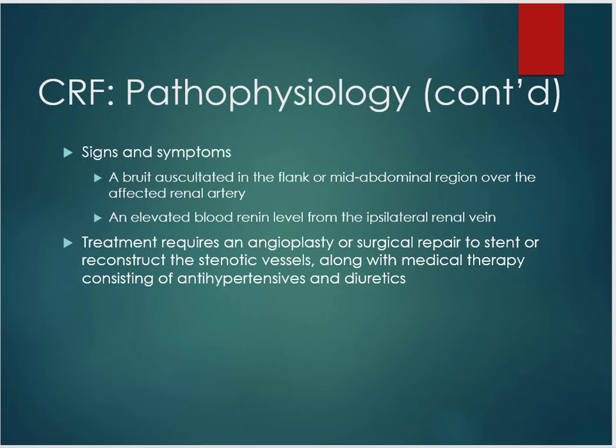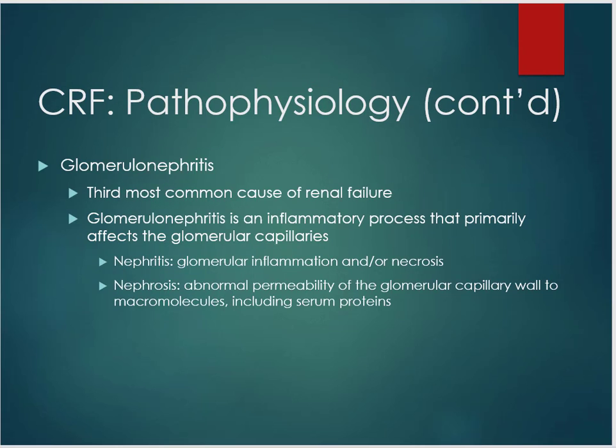So the third most common cause of CRF is glomerulonephritis, and it's an inflammatory process that affects the glomerular capillaries. With nephritis, you can have glomerular inflammation and/or necrosis, and with nephrosis, you have abnormal permeability of the glomerular walls, and this can impact your serum protein.